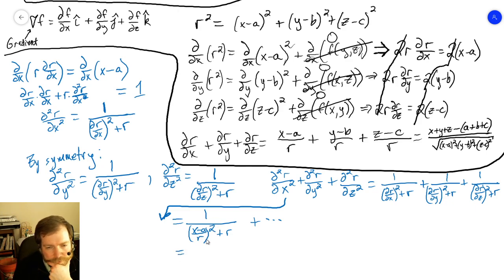So here I would want to probably multiply everything by r squared, top and bottom, and so this would be r squared divided by x minus a parentheses squared plus r cubed, and the same for the other two.